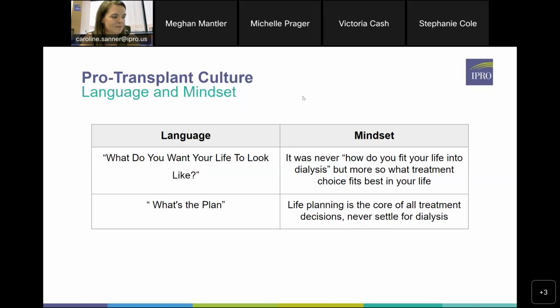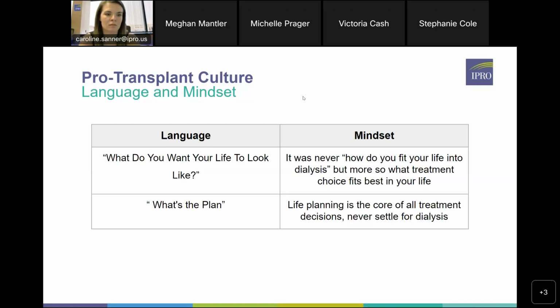So the language, instead of having a patient sort of like the check mark on the plan of care or the assessment of, okay, transplant active, great, okay, check mark. It's like, how is transplant a part of your life? It's one aspect of all of these other things going on in your life. It's not like something you're just checking off.